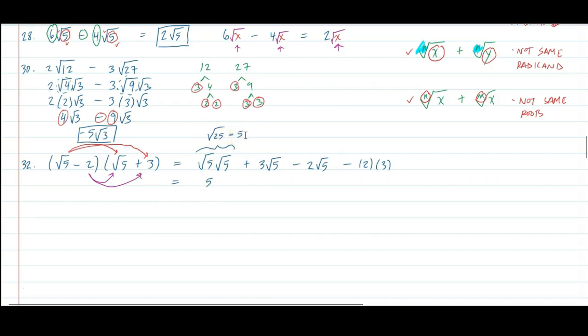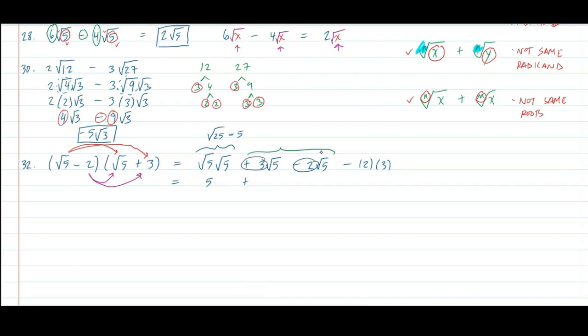Now, that second piece, look at it carefully. This is the addition and subtraction rules, right? Because, number 1, the roots are the same. Number 2, the radicands are the same. So you may go ahead and follow the rule. Just take a look at how we did it in number 28. You may follow the rule for addition and subtraction of roots, and this is going to give you positive 3 minus 2.